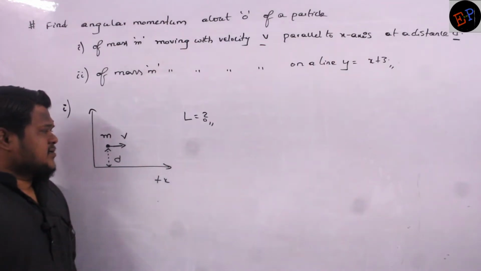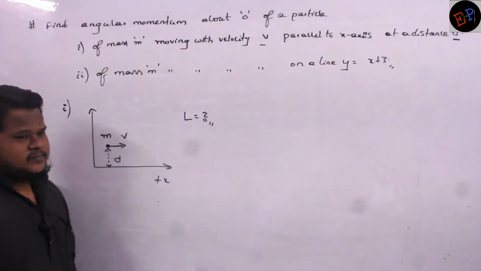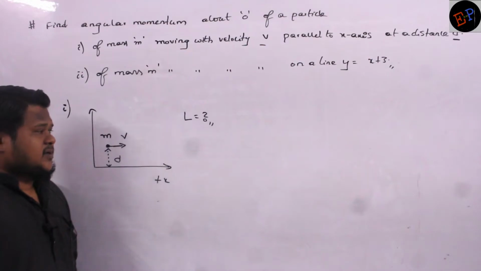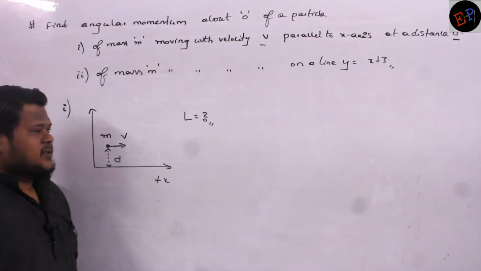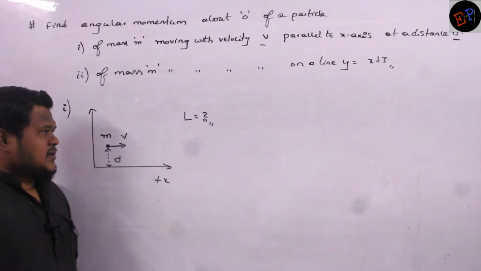What is the kinetic energy of this particle? Half mv square. So you want to calculate L with that formula. Definitely you can calculate. Are you able to understand?